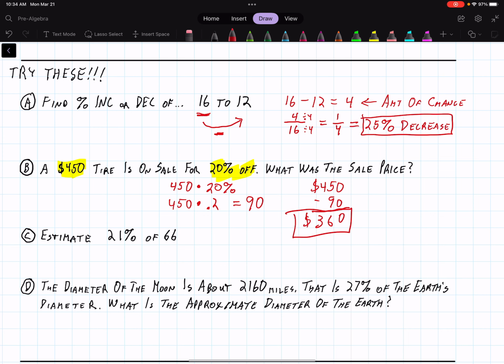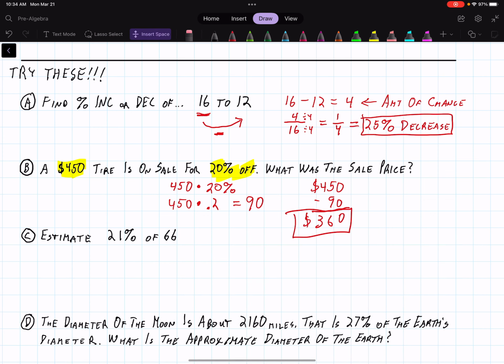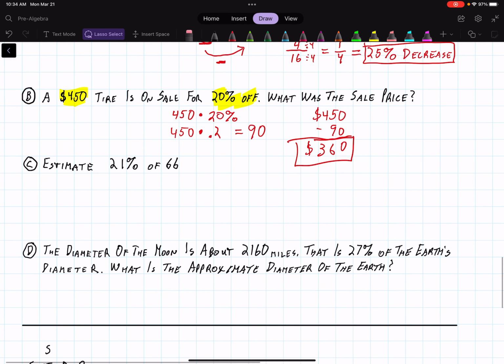Now let's do a little estimation. Let's give myself a little bit more room to do this estimation. So first thing we're going to do is change that to 20%. And we know that 20% is equal to 1/5, 1 over 5.